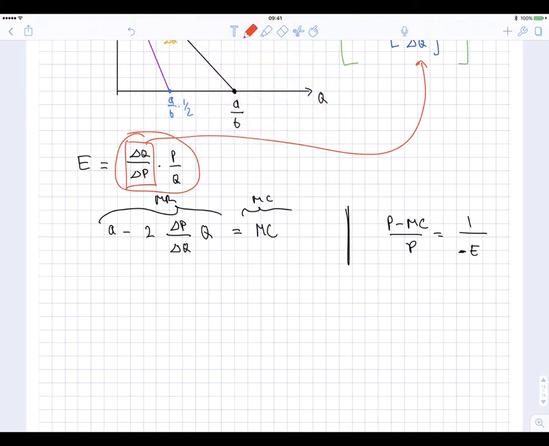Is there anything that prevents me from multiplying both sides of this equation by P? I can do that, right? There's nothing that prevents me from doing that. Okay, fine.